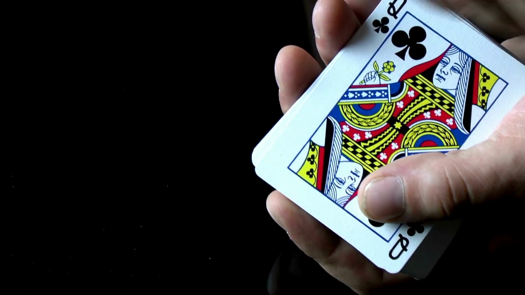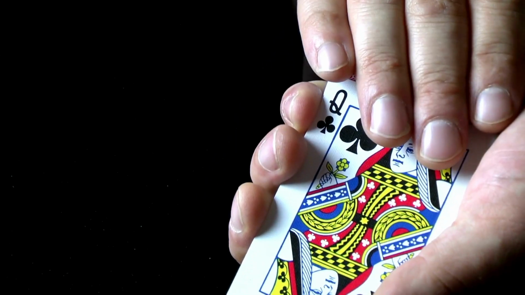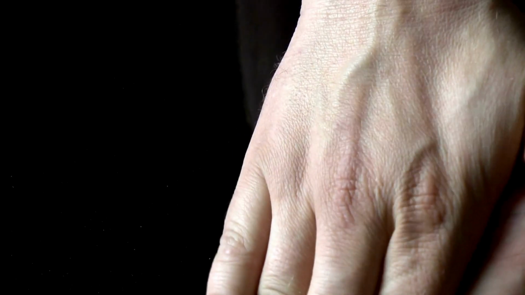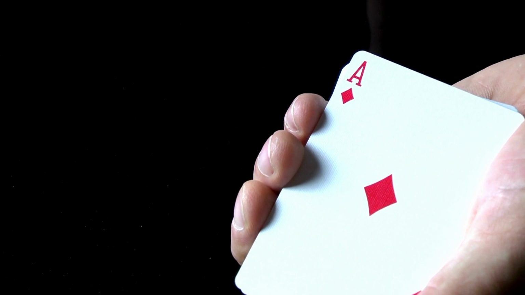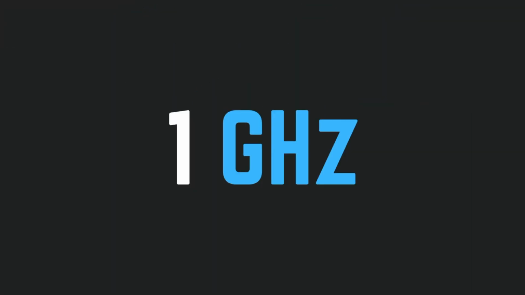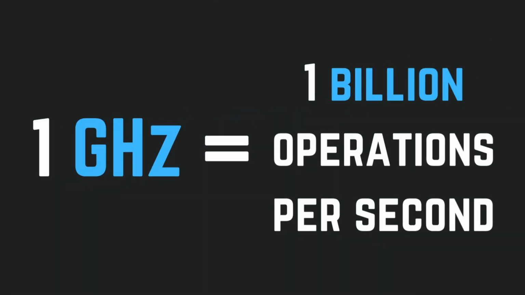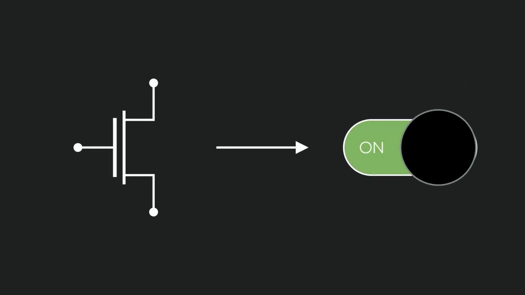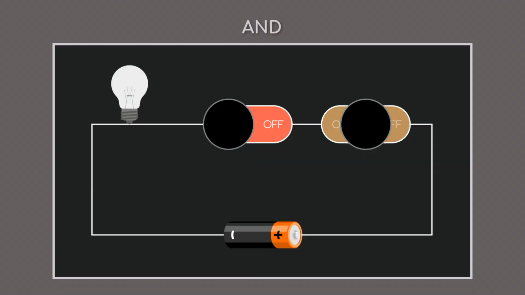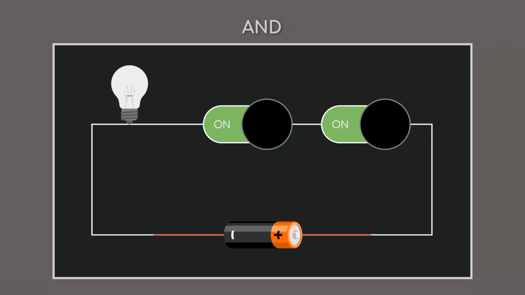The sleight of hand or illusion of a computer is the speed at which a computer performs those operations. A typical computer is running operations at over 1 gigahertz, which can roughly be equated to performing 1 billion operations in a second. That speed is how we can take the simple operation of a switch, create simple instructions with those switches, and utilize those simple instructions to make all of those computer programs we rely on today.